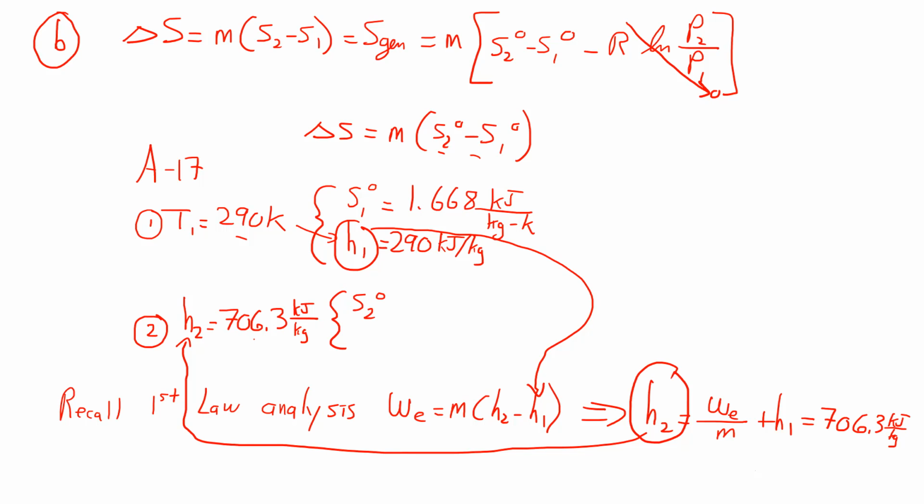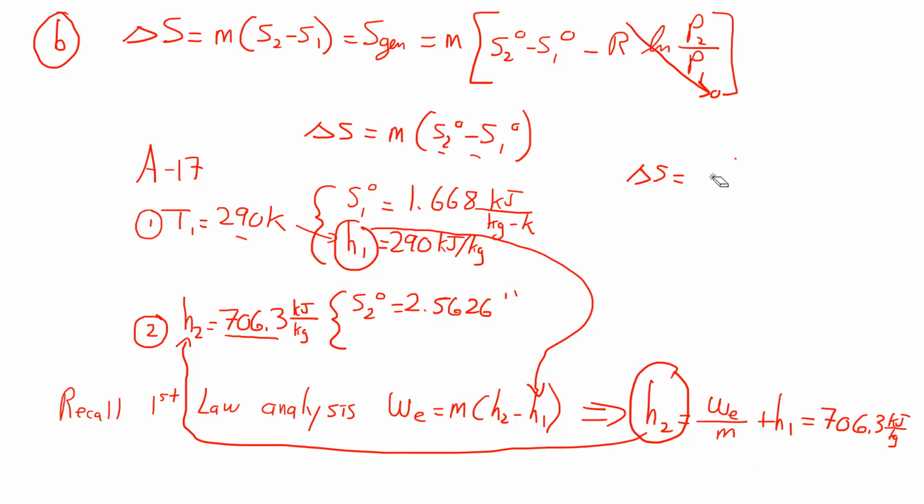So I basically go down to enthalpy, find a value of 706.3, and then interpolate for the corresponding entropy value, which would be 2.5626. Again, same units as it is above. And then I can directly determine the change in entropy as mass.